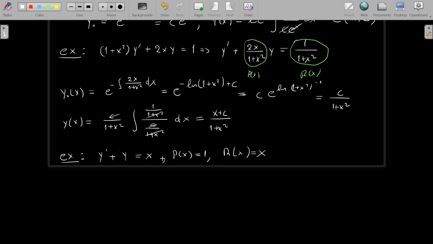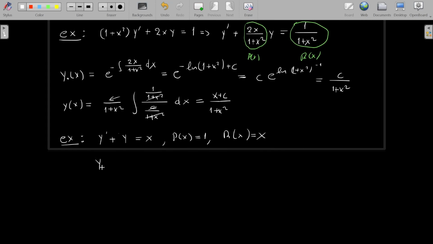So c naught is e to the minus integral of p of x, which is e to the minus x plus a constant, or a different constant, e to the minus x. So finally, y of x is going to be c naught, which is this, times the integral of r of x over c naught, e to the minus x, dx.